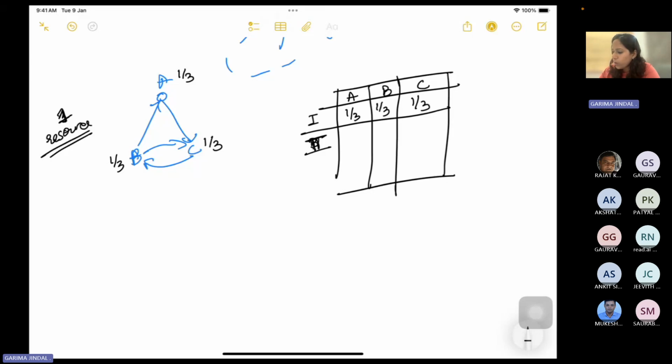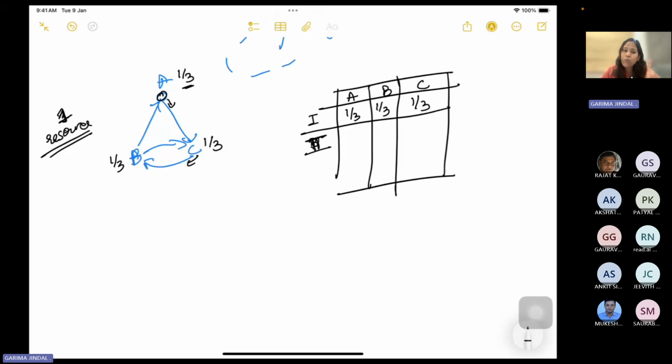Now we know that all the nodes which have outgoing edges will try to distribute this value to the other nodes. A is connected to one other node, that is C. C is connected to one other node, that is B. So there is one outgoing edge from C to B, and C is distributing its score, or rating, or resource to B through that one edge.